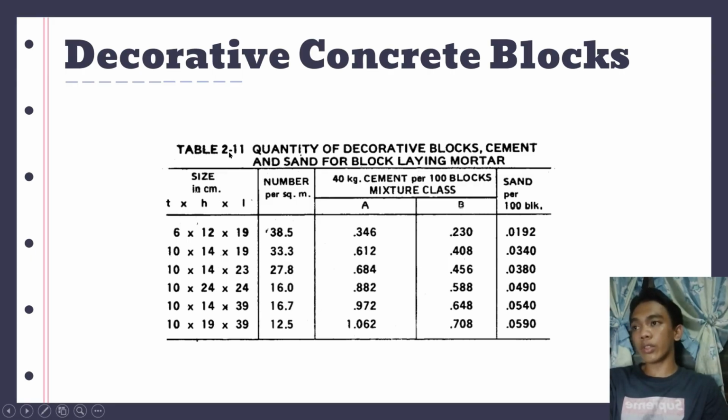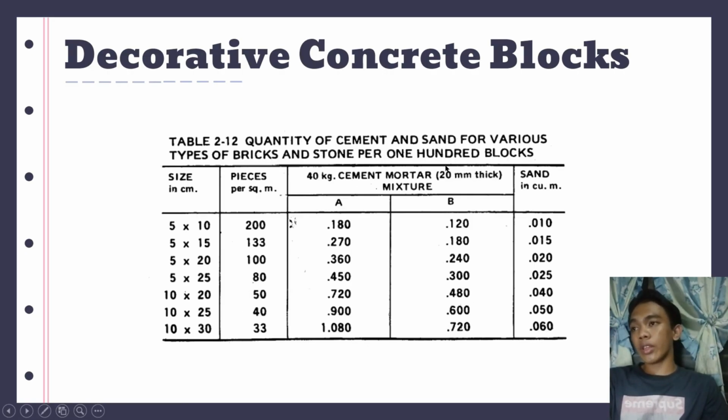For example, table 2.11 gives the multiples on how we can calculate the quantity of decorative blocks, cement, and sand for block laying mortar. Then also table 2.12, quantity of cement and sand for various types of bricks and stones per 100 blocks.